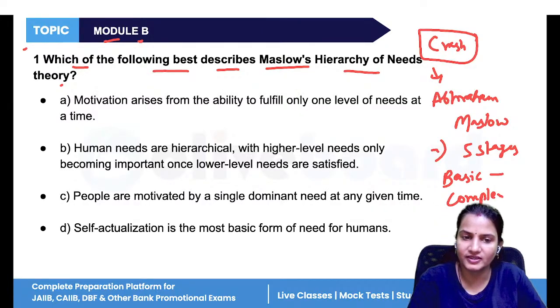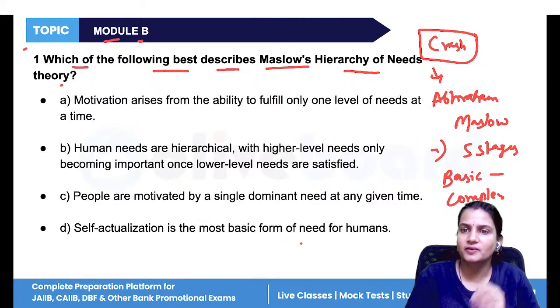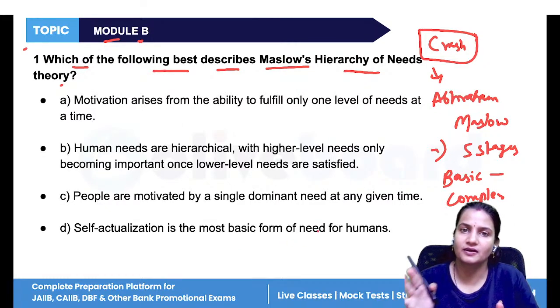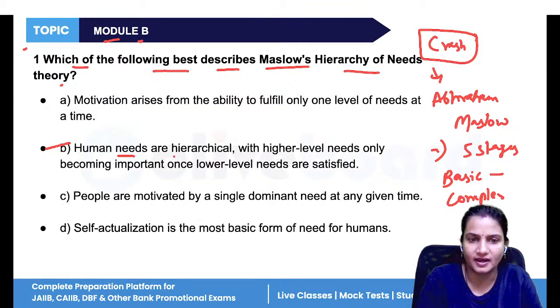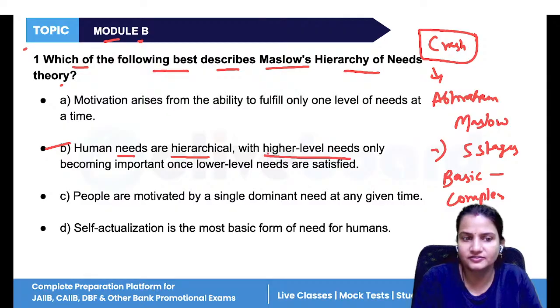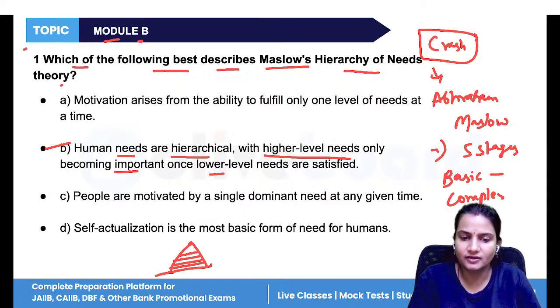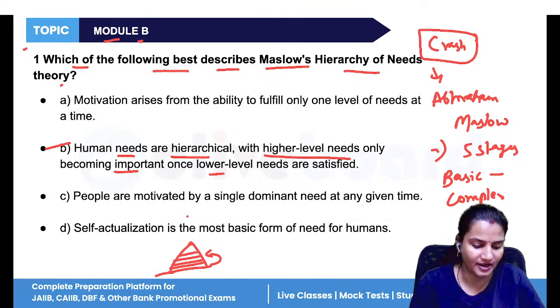Maslow says that human needs are hierarchical. They have to be achieved only once the previous level of need is satisfied. So human needs are hierarchical, with higher level needs only becoming important once the lower level needs have been satisfied. So in Maslow's hierarchy theory, 5 stages are given. Once you have achieved your lower level of need, only then are you motivated to achieve your higher level of need. That is what Maslow's hierarchy theory is.